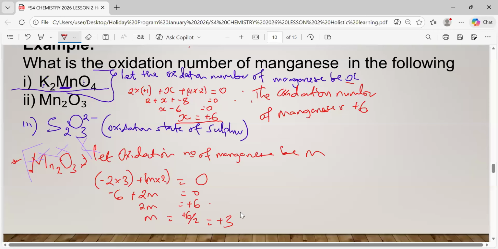So manganese in this compound has an oxidation state of +3, while manganese in the other compound has an oxidation state of +6. Don't forget that manganese is a transition metal, which can have more than one oxidation state. I hope it is very clear now.